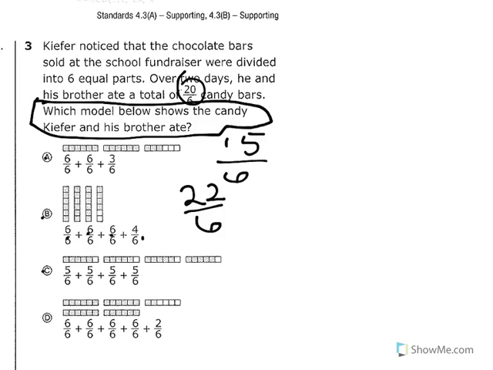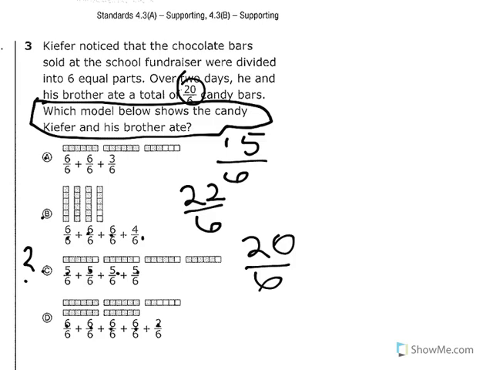Answer choice C shows 5/6 plus 5/6 plus 5/6 plus 5/6. That's a pretty easy problem to do, because 5 times 4 is 20, so that would be 26. Our last one, so that looks like that may be our right answer choice there. Last answer choice is D. It's 6/6 plus 6/6 plus 6/6 plus 6/6 plus 2/6.